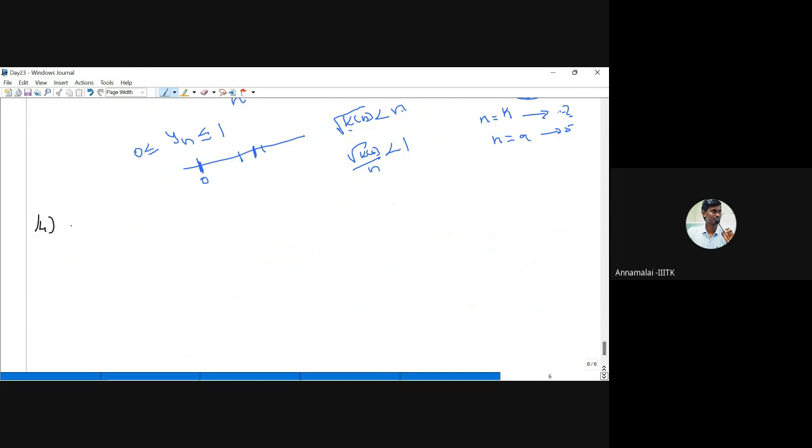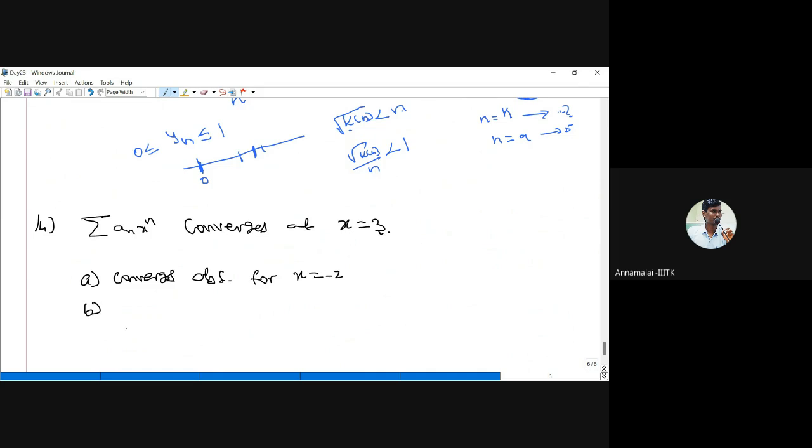Consider this power series, summation a n x power n, which is given to converge at the point x equal to 3. Now what can you say, which one is correct? The first option: converges absolutely for x equal to -2.